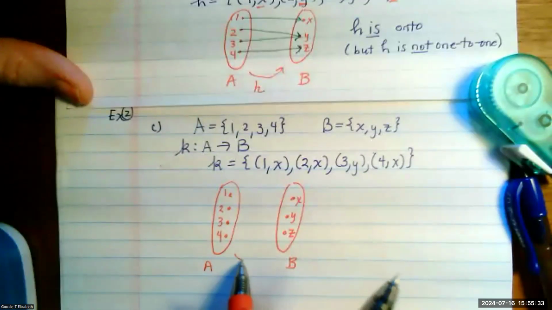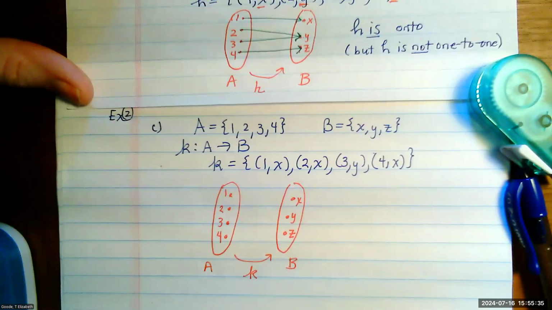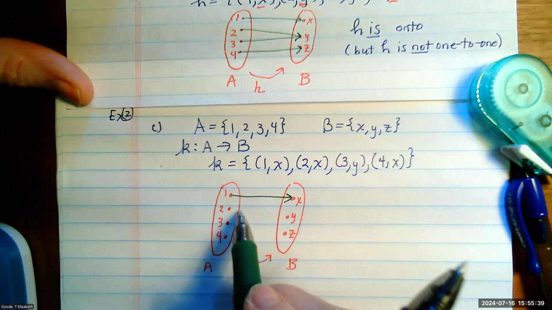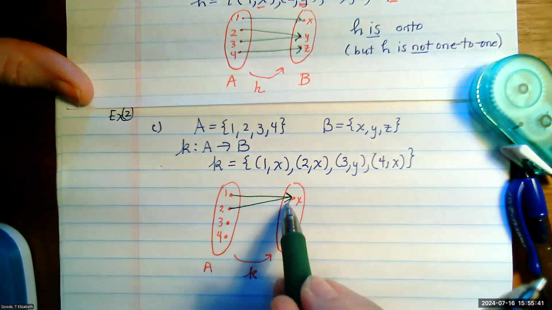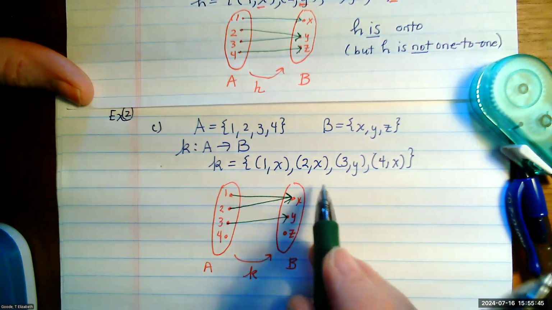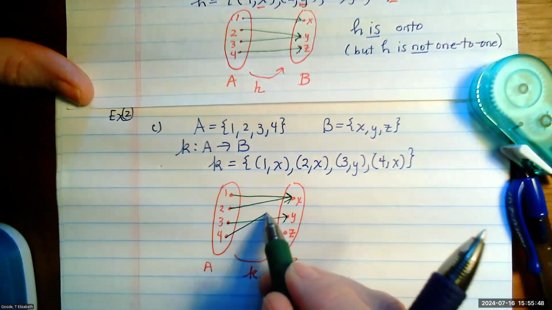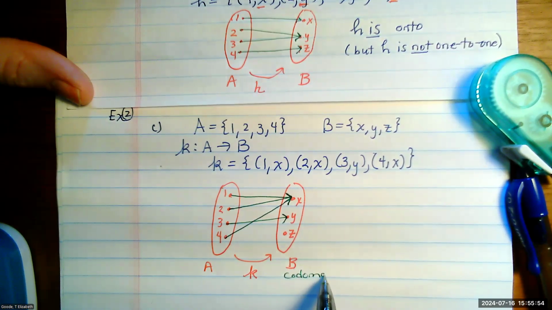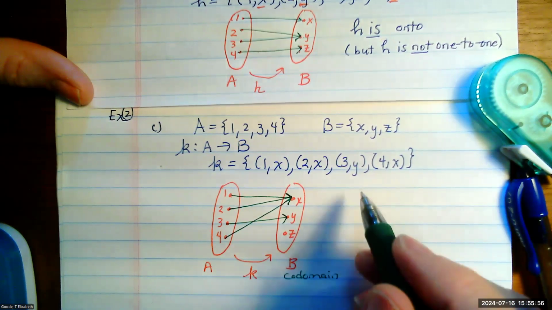And so if these arrows don't completely cover up the codomain, in other words, if the range, which are the elements that actually do get hit by arrows, isn't equal to the codomain, B is the codomain, right? Then it can't be onto, because we missed something.